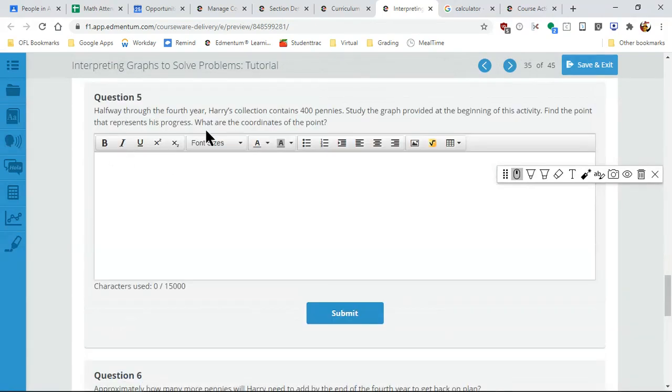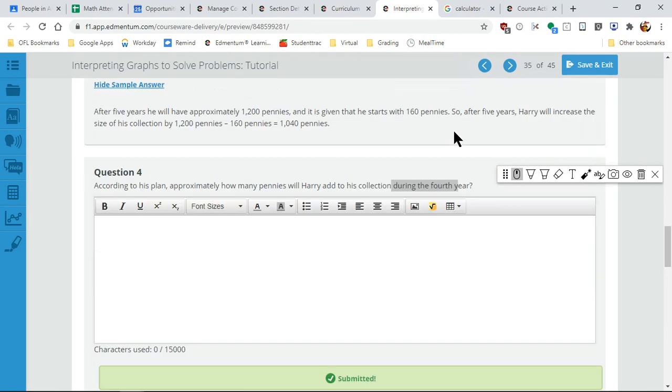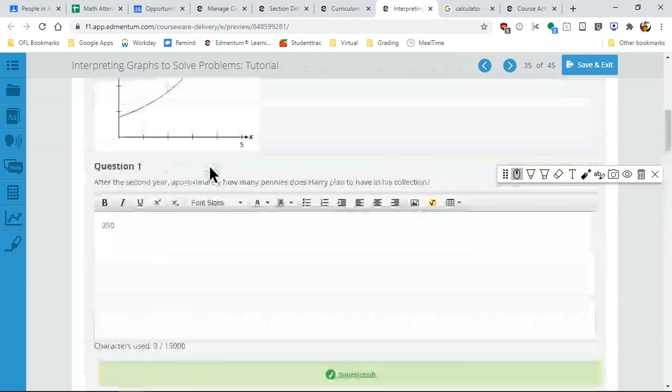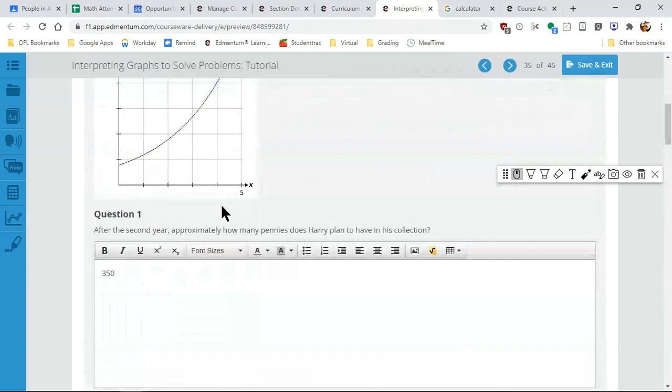Halfway through the fourth year, his collection contains 400 pennies. So if we're talking about halfway through the fourth year, again, we're talking from year 3 to year 4. His collection has 400 pennies.